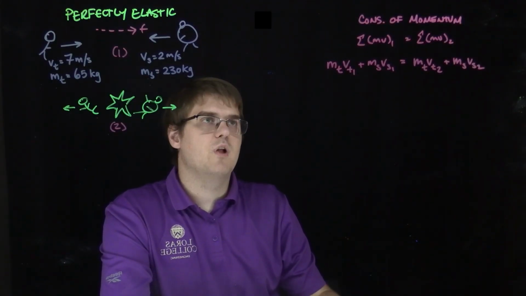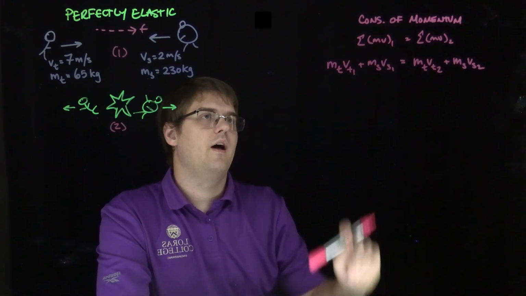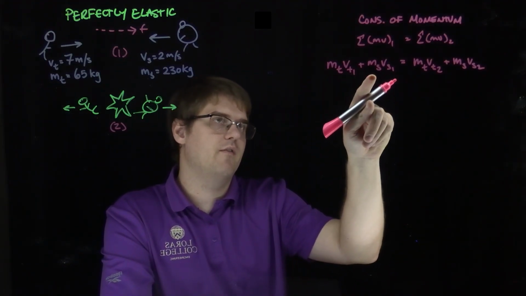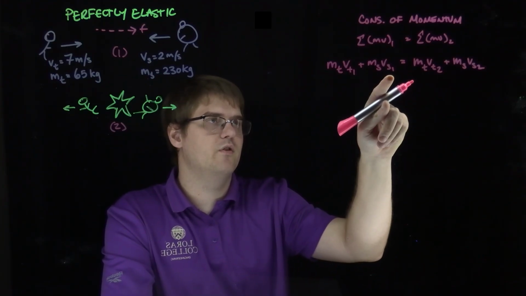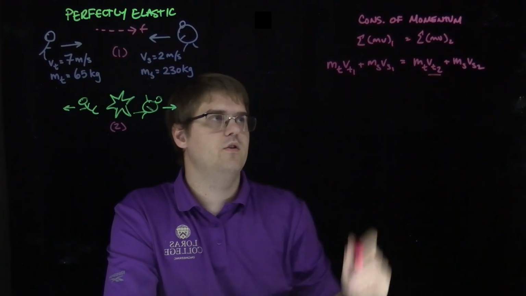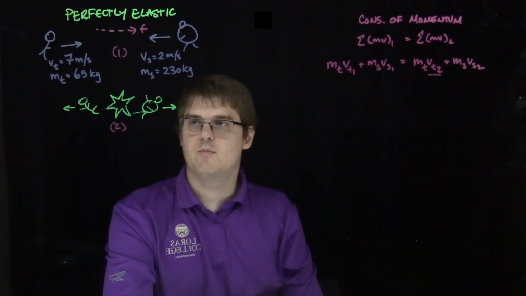If I started plugging things in here, I have the mass of my track star, the initial velocity of my track star, the mass of my sumo wrestler, the initial velocity of my sumo wrestler, but I don't have the velocity of my track star at time 2.